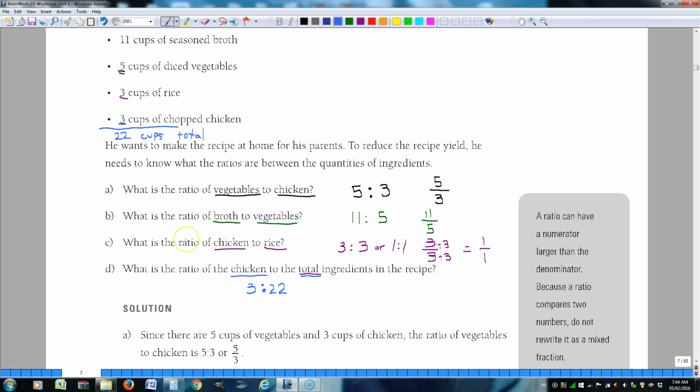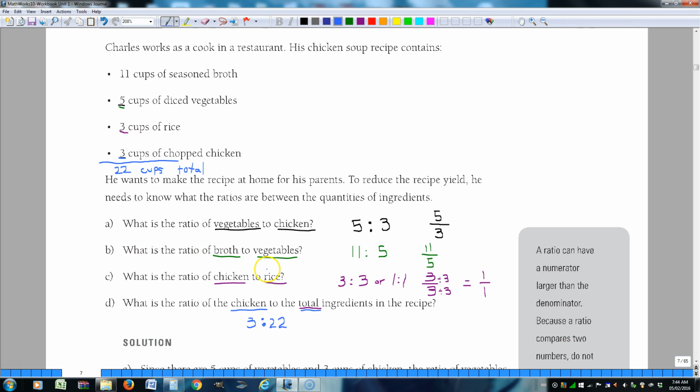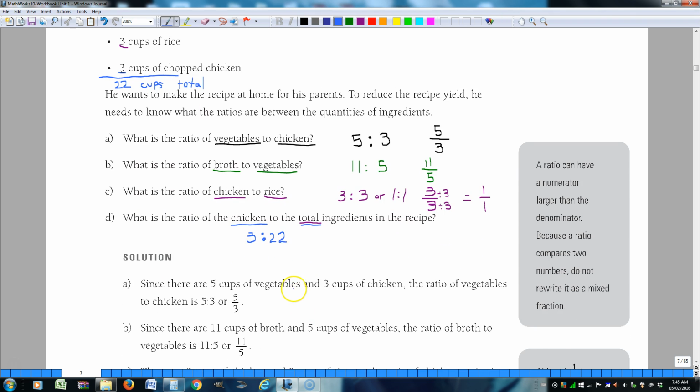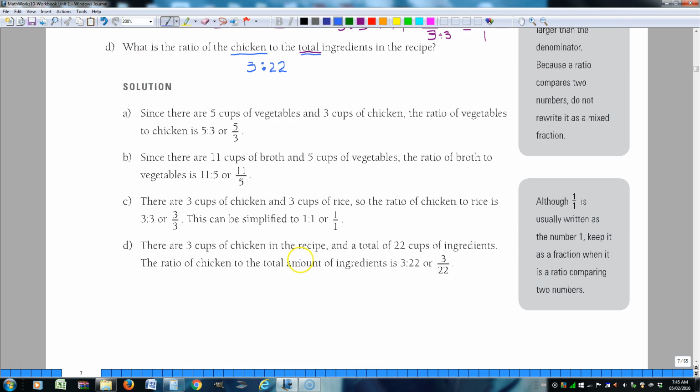I'm going to find out on my own how much chicken would be in a recipe that is, let's say, a 5-cup recipe. This is a 22-cup recipe. How much chicken do I need in a 5-cup recipe? So let's do that.